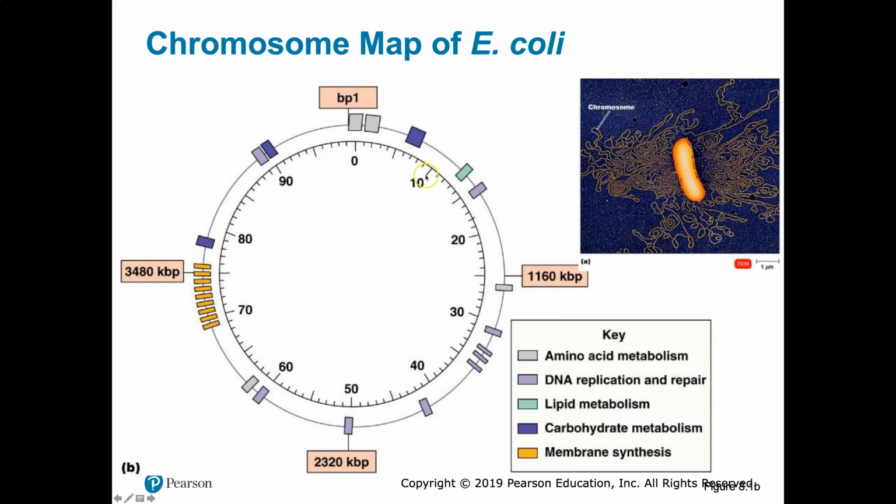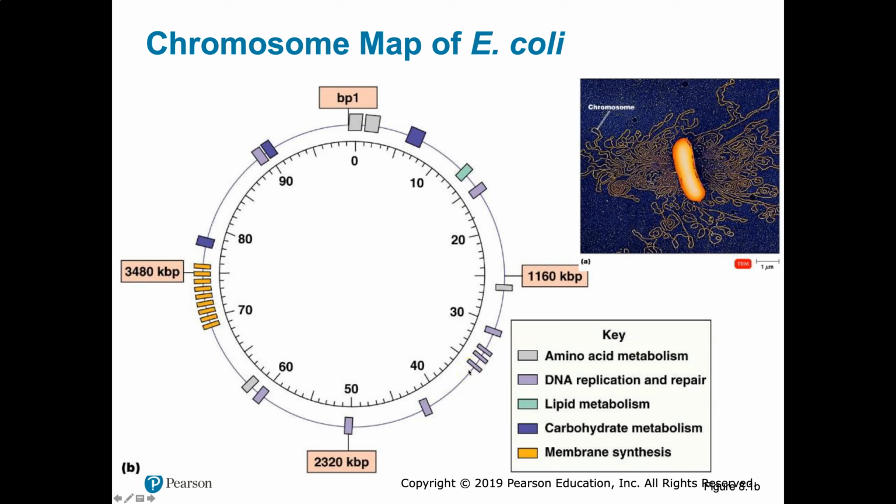This shows us the chromosome, the whole size, the map, and then it tells us locations of certain genes. So all these genes grouped together are associated with membrane synthesis. All the ones right here are carbohydrate metabolism. All the ones here are DNA replication and repair.